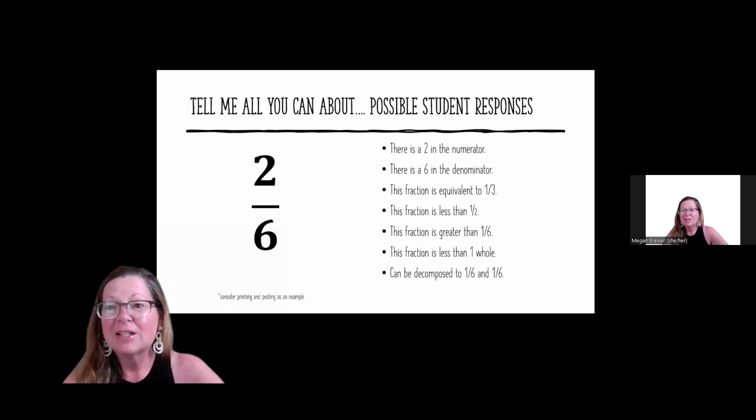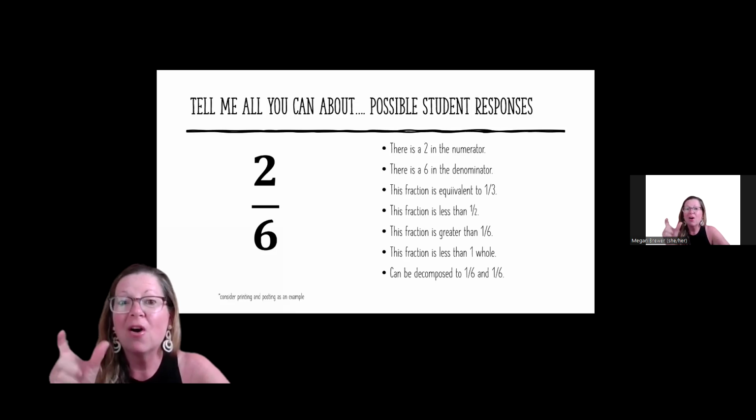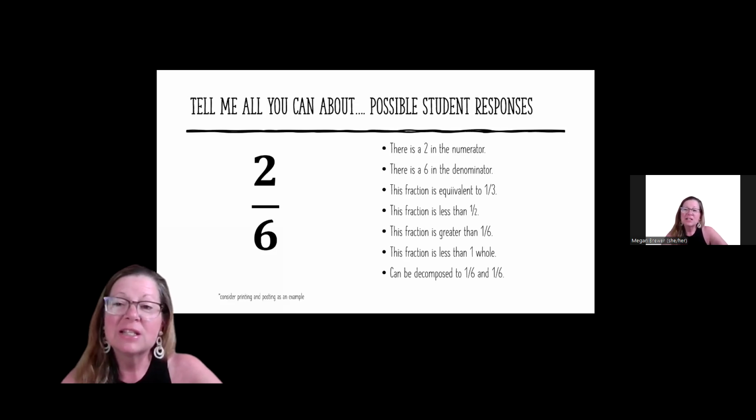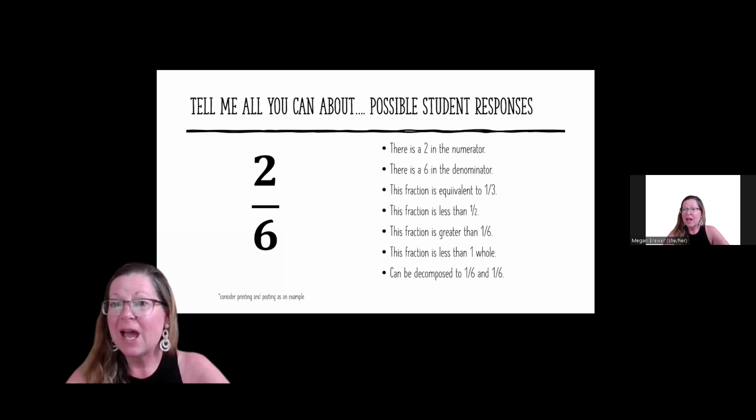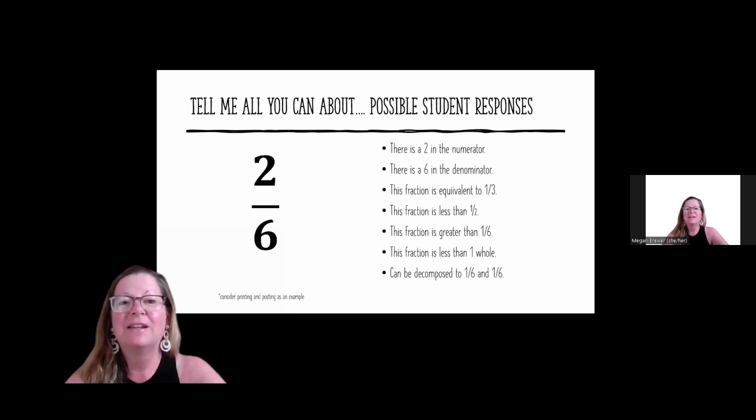I might ask that student, ooh, tell me more, or who can add on to that? Because we'd love to hear that. Maybe a student says, I know this fraction is less than a half because a half would be 3/6, and this is 2/6, and that is 1 part less.